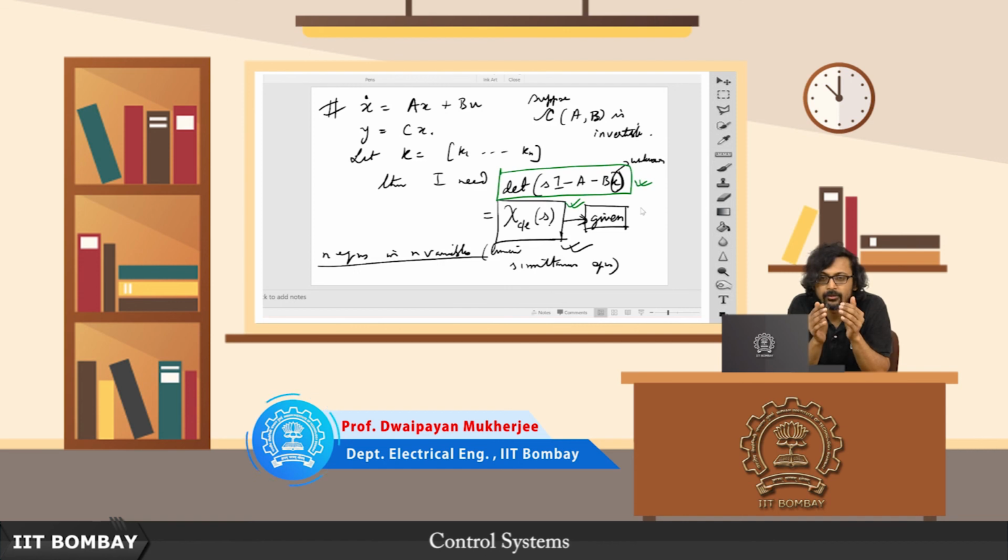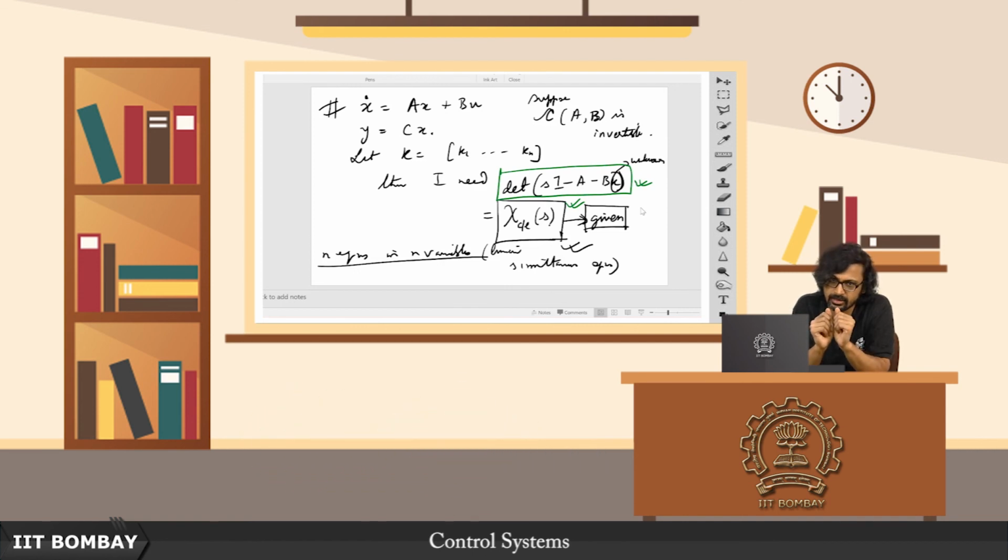So not all of your poles will be placeable arbitrarily. That is why we will establish that controllability is not just a sufficient condition, as might be apparent from this lecture, but also a necessary condition for your ability to place the eigenvalues of the closed loop system, or the poles, anywhere in the complex plane.